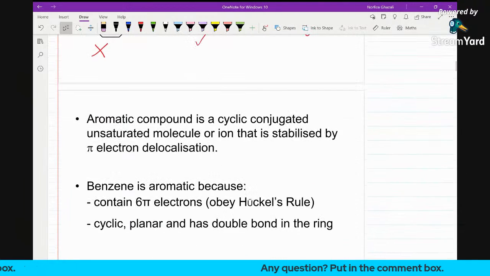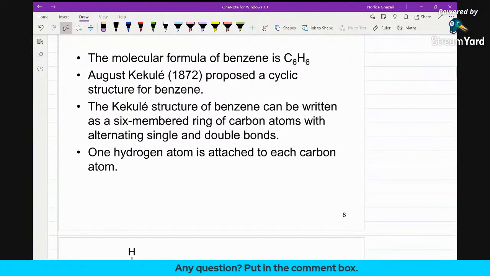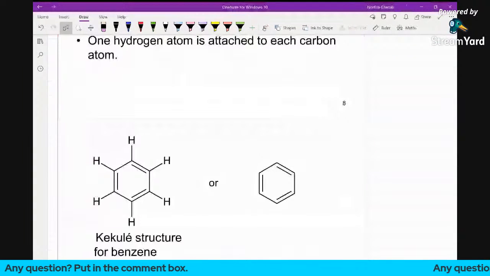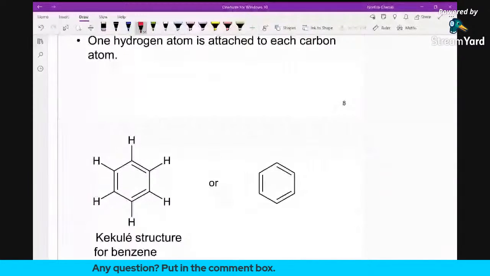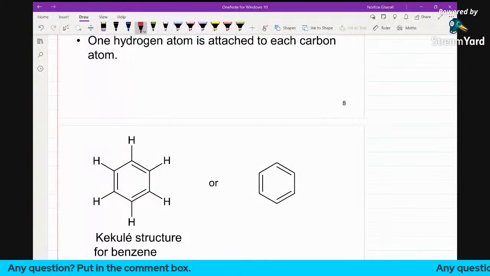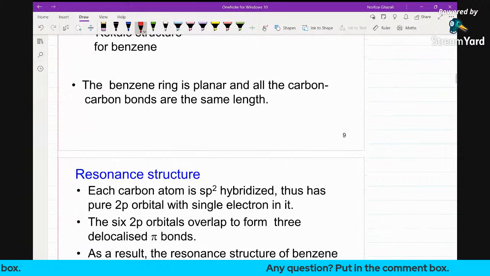All right. And then the Kekulé structure. This one was proposed by Kekulé. So we have a cycle of 6 carbon atoms, conjugated double bonds, and each carbon attached to 1 hydrogen atom. Okay, so I go fast.